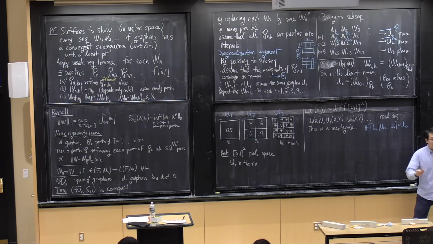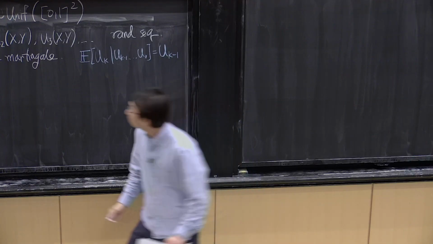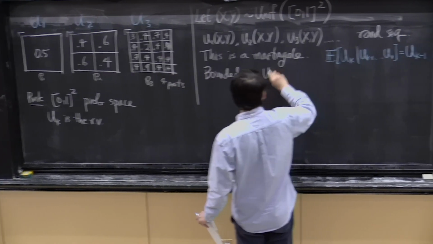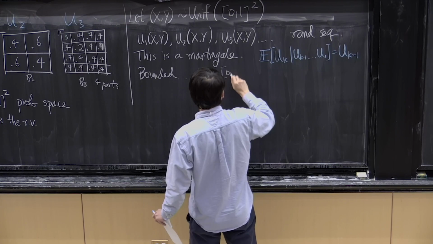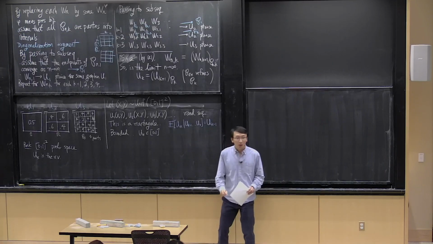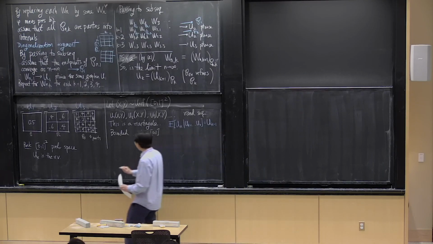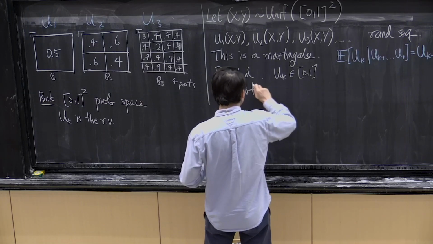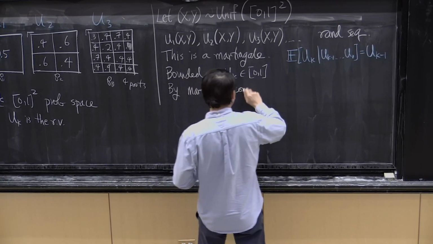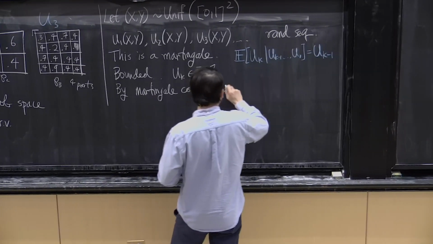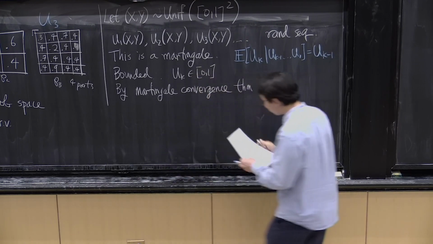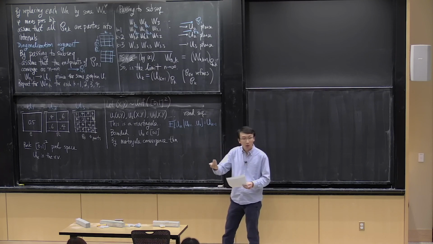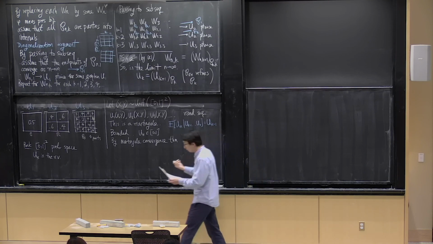All right, so we have a martingale. It's bounded because the values take place in [0,1]. So by the martingale convergence theorem, which we proved last time, we find that this sequence must converge to some limit.